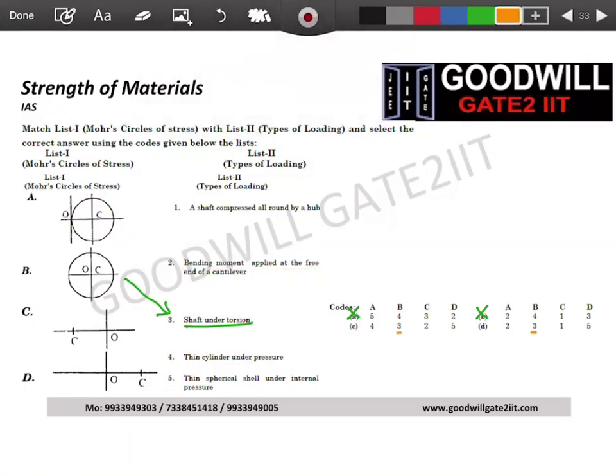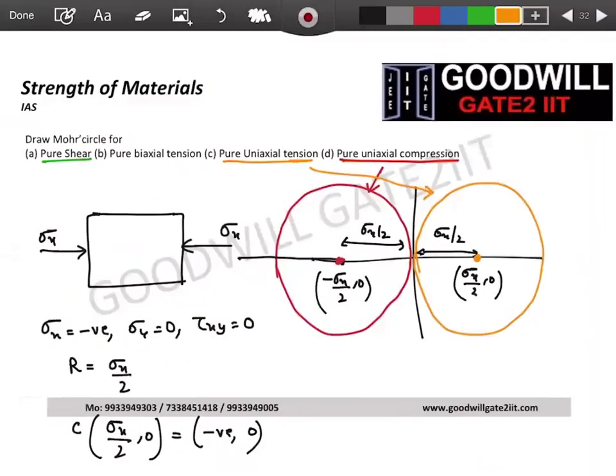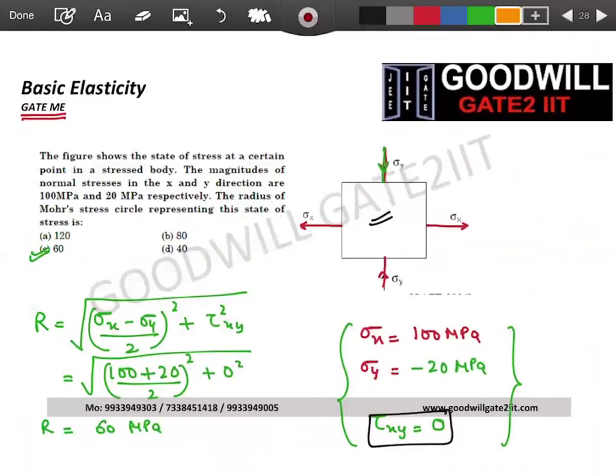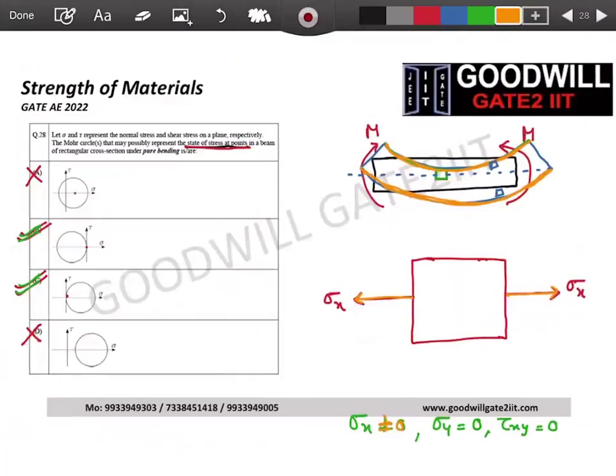Let's see, what do you mean by bending moment applied at free end of a cantilever? We have also solved this. When you have a bending moment, you only have normal stresses, that is sigma x. Sigma y is 0, tau xy is 0. And in this case, either your Mohr circle will look something like this or something like this.